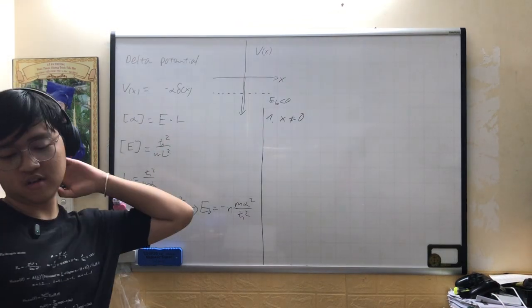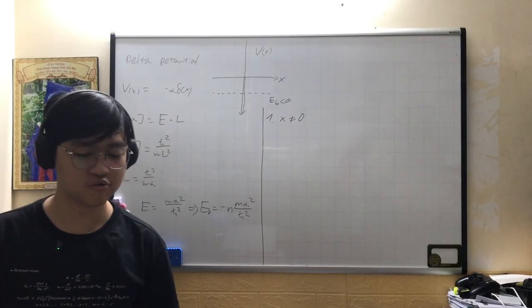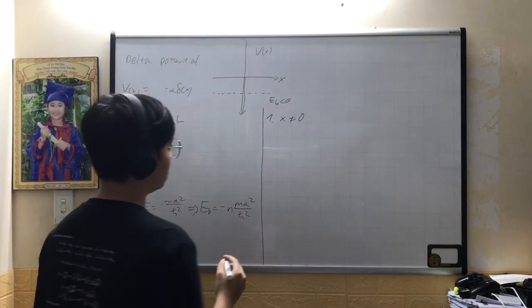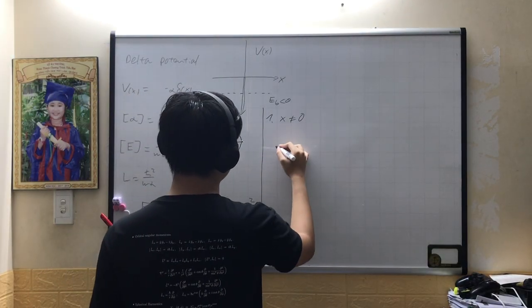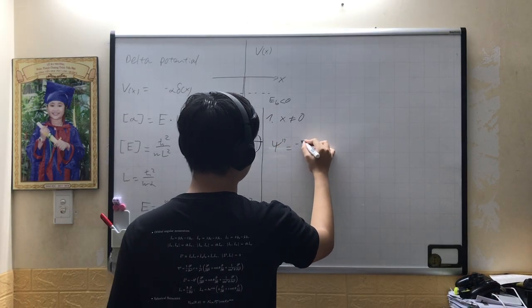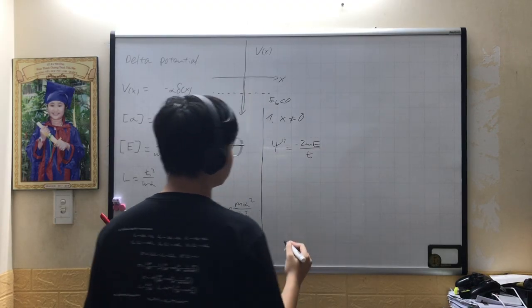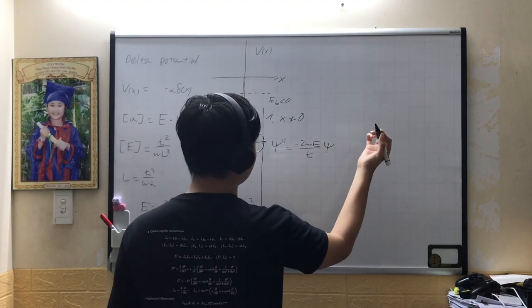Yeah. So now we're gonna write our time independent Schrodinger equation, and I would just write it like that. So it would be psi.